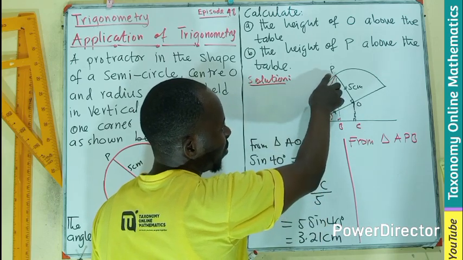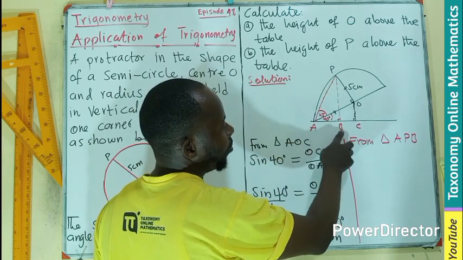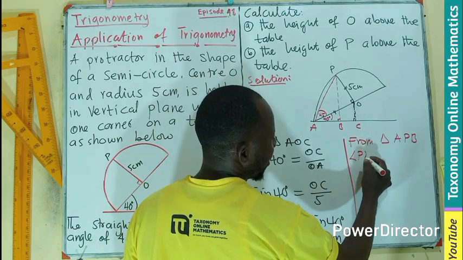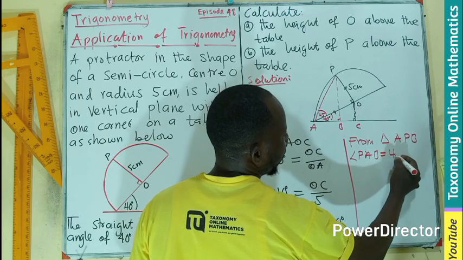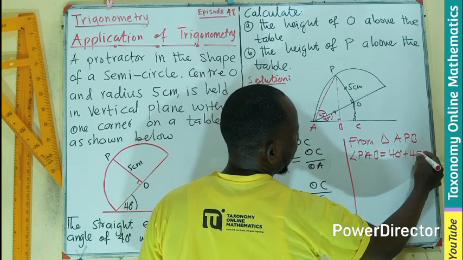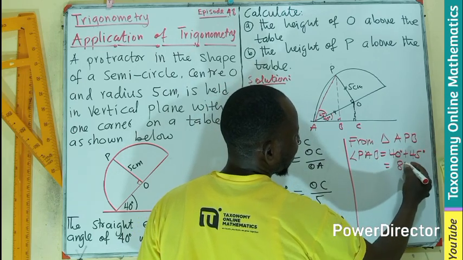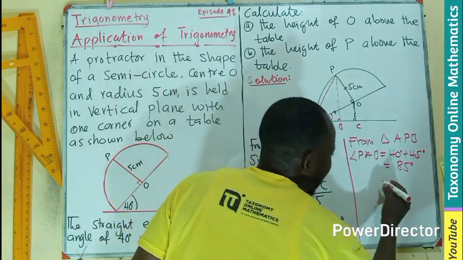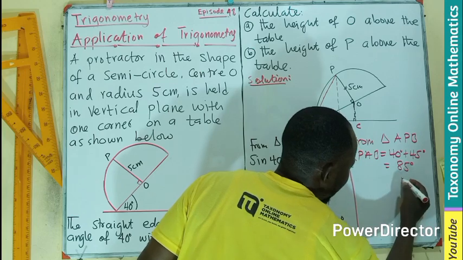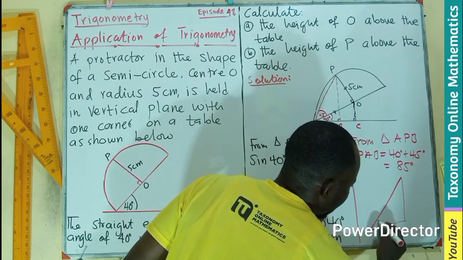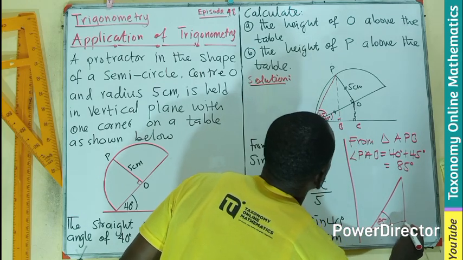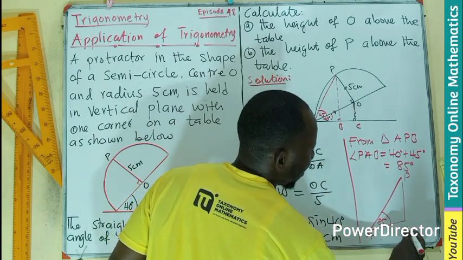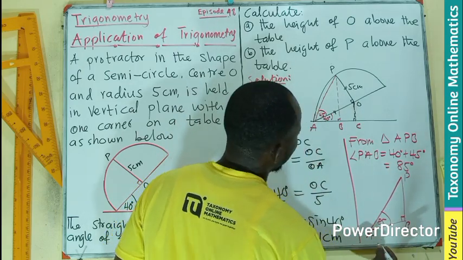The angle PAB will be 40 degrees plus 45 degrees, giving us 85 degrees. This angle here, if I pick the triangle from there, is going to be 85. P is there, A is here, B is here as right angle.